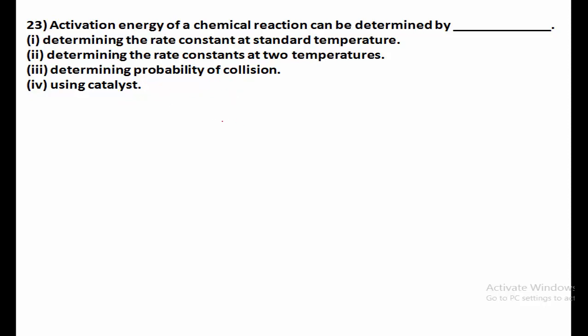So as we know, the activation energy can be calculated by using the Arrhenius equation, and from that equation we have derived log K2 by K1 equal to Ea divided by 2.303 R, times (T2 minus T1) divided by T1 T2.